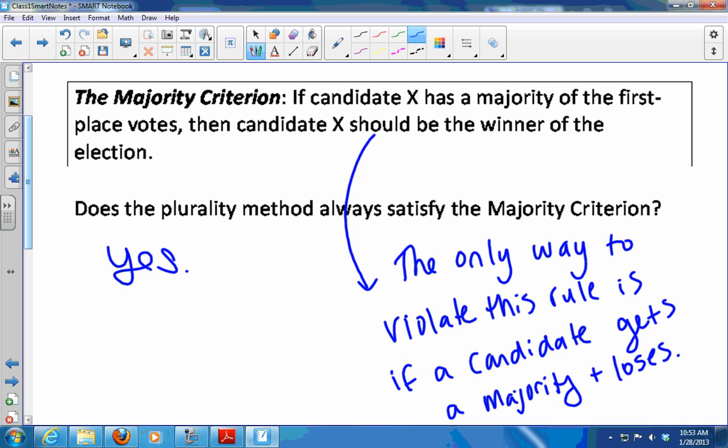This rule is only about if you have a majority. If you have a majority, then you should win. If you don't have a majority, it doesn't say anything that should happen. So if you don't have a majority, you can never violate this rule. If nobody has a majority, this rule cannot be violated. The only way to violate this rule is if a candidate gets a majority and loses.